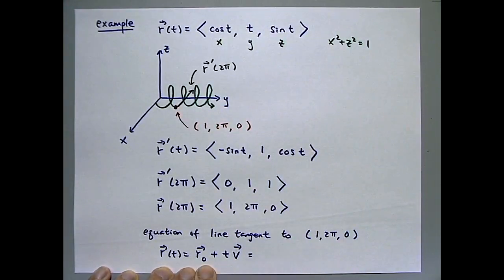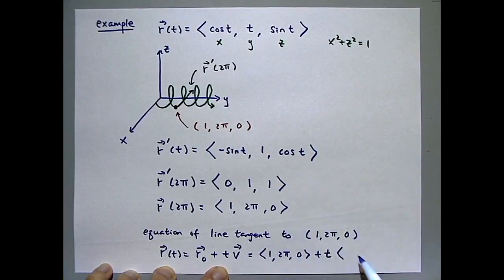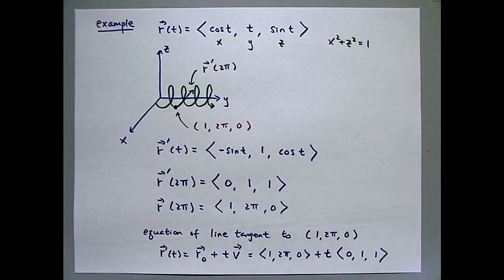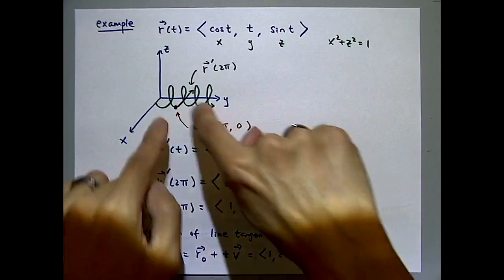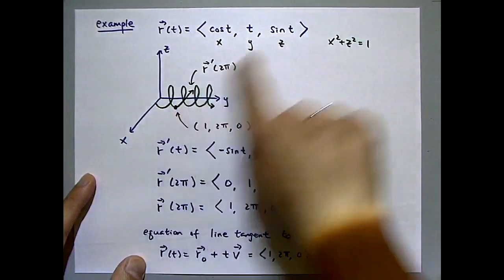So r sub 0 is the position vector from the origin to this point, 1, 2 pi, 0, plus t is some parameter, and v, the direction of the line, that's the derivative, 0, 1, 1. And that line will extend forever in both directions following that vector.